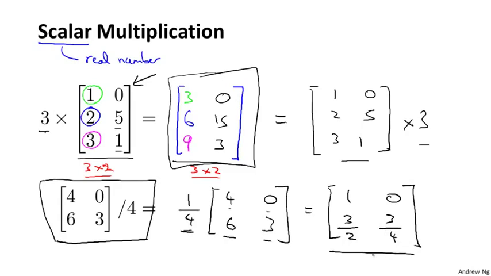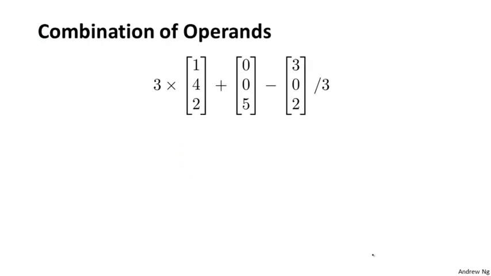Finally, for a slightly more complicated example, you can also take these operations and combine them together. So in this calculation, I have 3 times a vector, plus a vector, minus another vector divided by 3. Just to make sure we know what these are: this multiplication is an example of scalar multiplication, because I'm taking 3 and multiplying it.